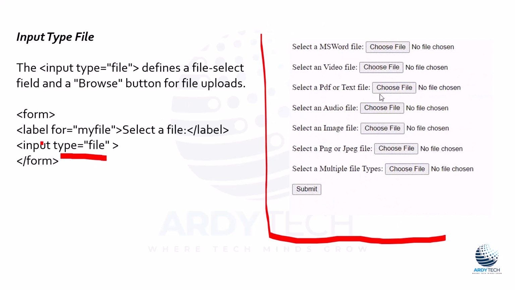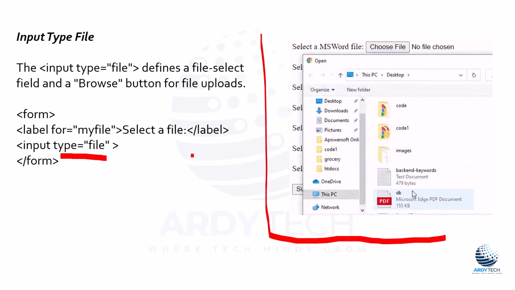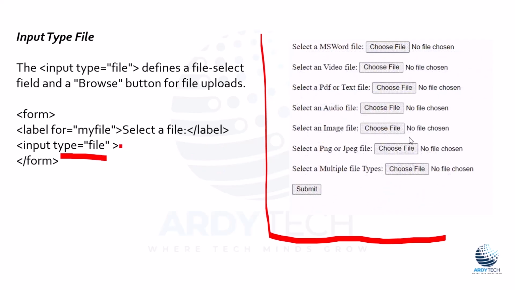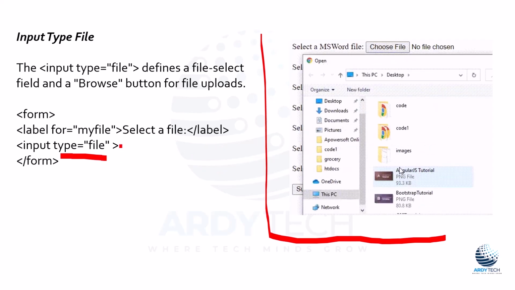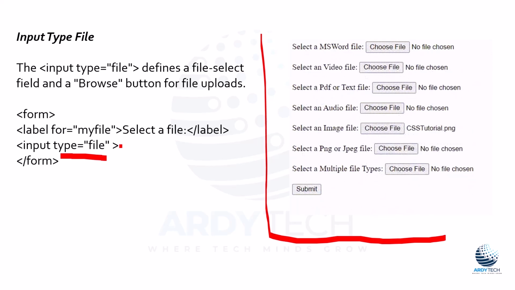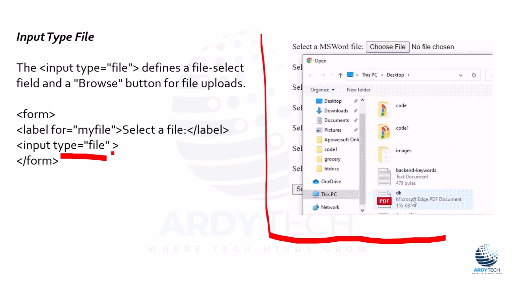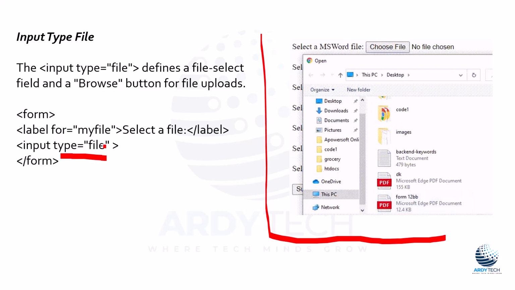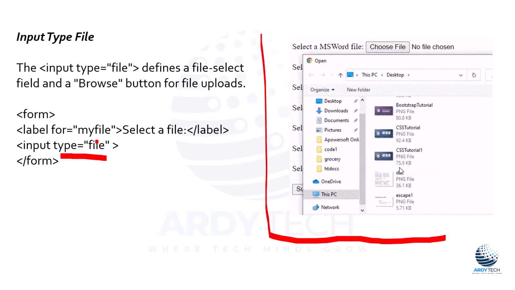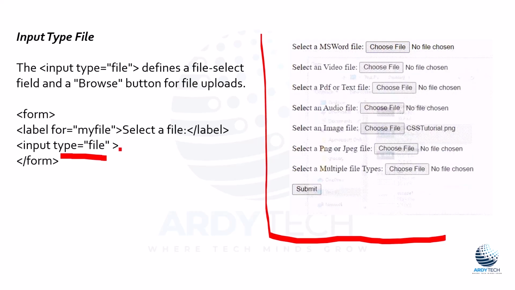Just with this input type file, the user can upload all sorts of files within their form so that they can be sent for processing. And it is essential because there are times you might want to add an input where the user can upload documents, images, audios, videos, as the case may be. So this is the essence of the input type file.